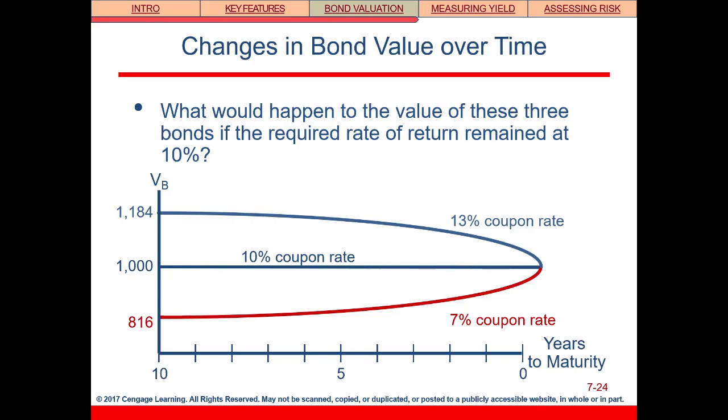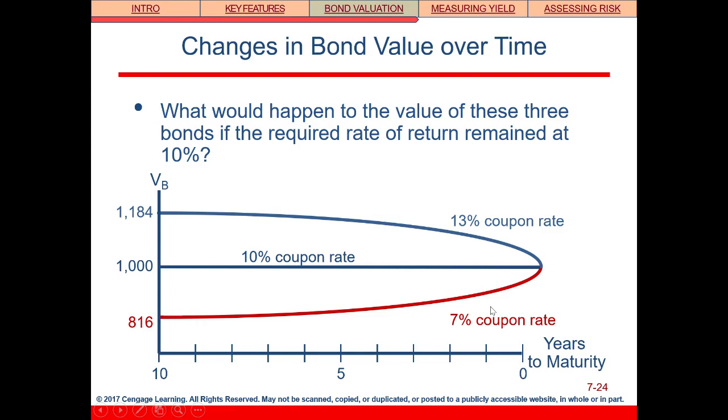So, but let's assume the market interest rate remains at 10%, the same as the coupon interest rate all the time, for all these 10 years, then there's basically no change in the price of the bond over time. It will always be at $1,000. The bond will be selling at exactly its face value all the time.